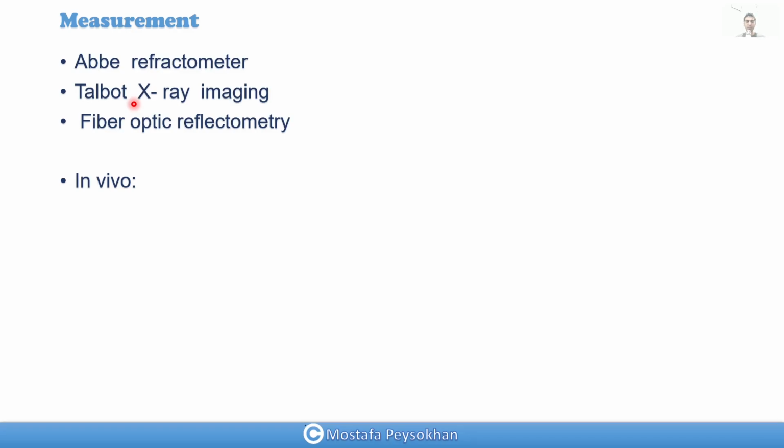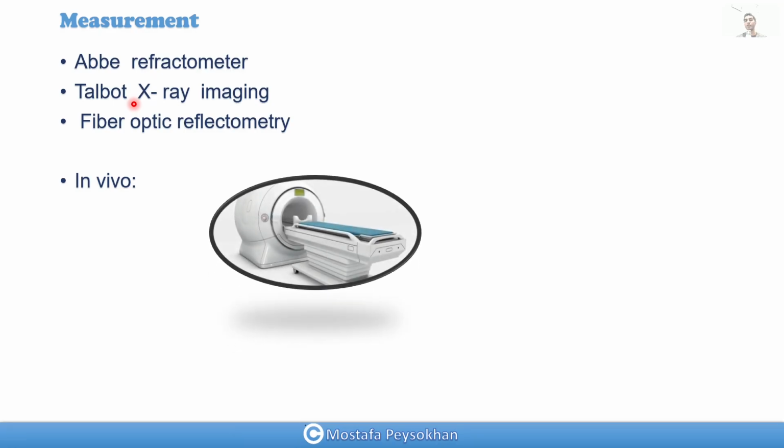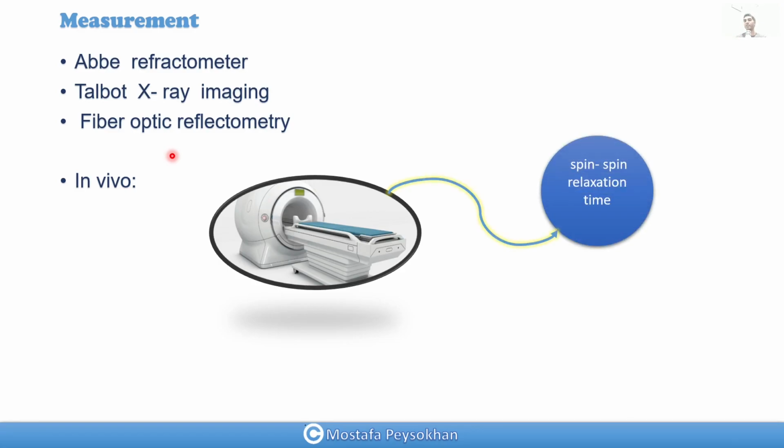For in vivo measurement, one of the methods usually used is MRI, which stands for magnetic resonance imaging. Based on that image, you can map the spin-spin relaxation time in our eye or any part of our body.